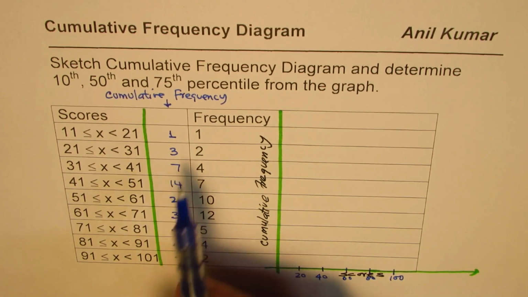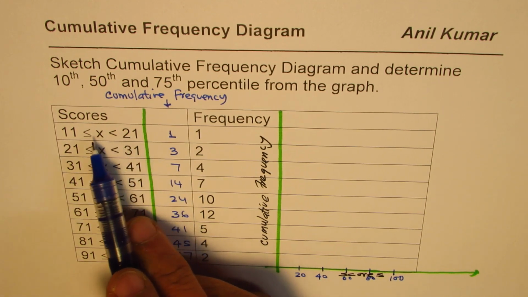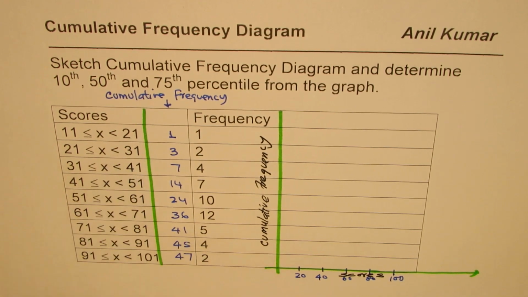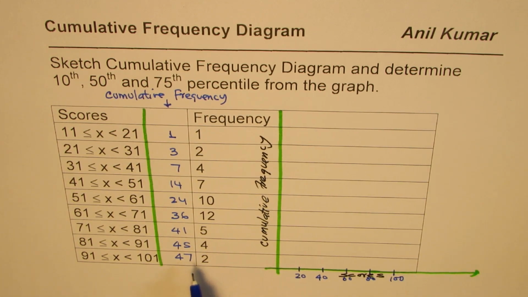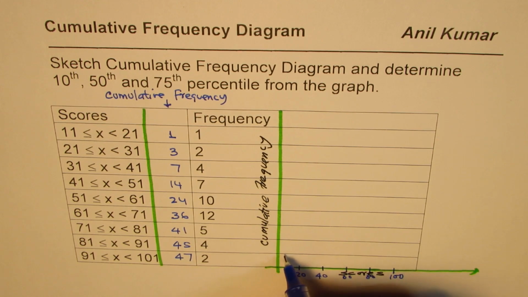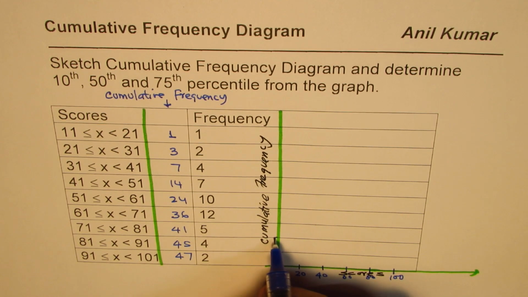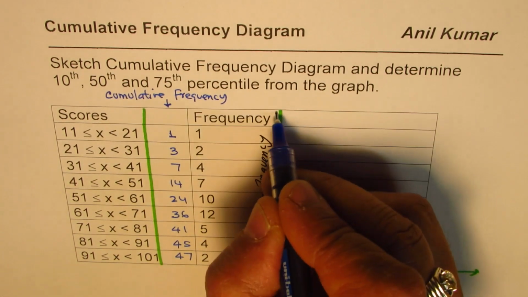Okay, so we are going to associate all these cumulative frequencies with the highest point, which is within the interval. 21 is not, 20 is, 31 is not, 30 is. That's the whole idea. On the cumulative frequency, we have almost 50 as our highest number. So we could take this as 10, 20, 30, 40 and 50.